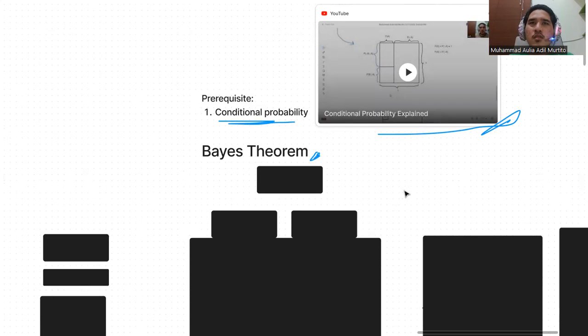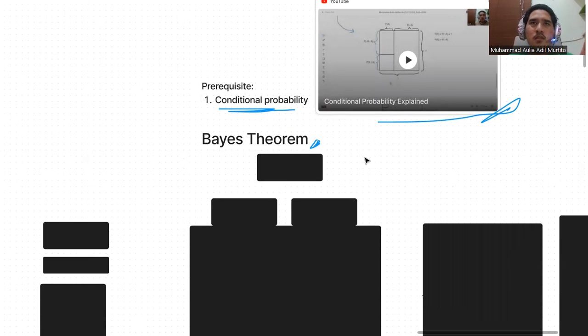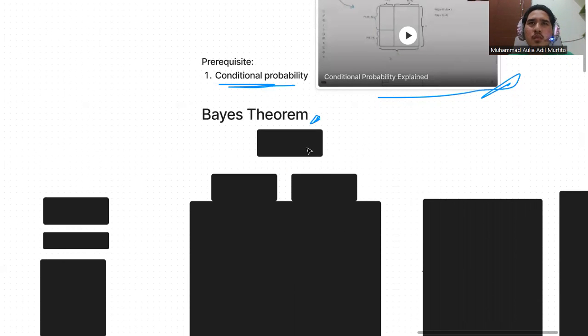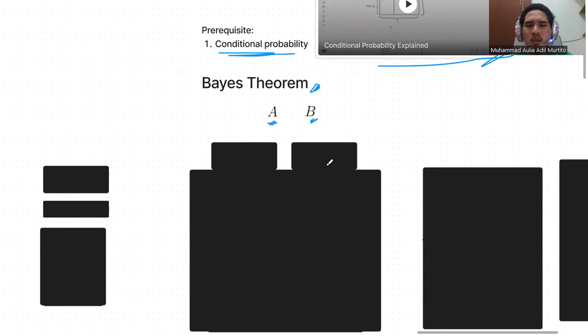All right. To understand Bayes theorem, I guess it will be easier to make an illustration. Imagine that we have two events, event A and event B, and then we make a probability square.